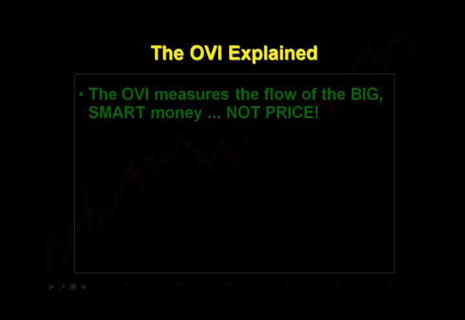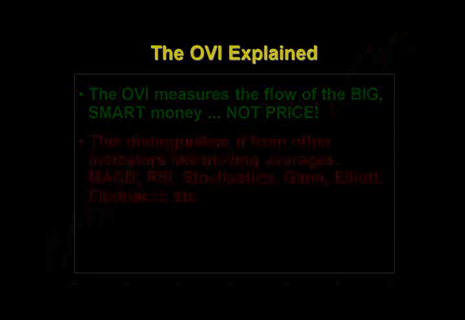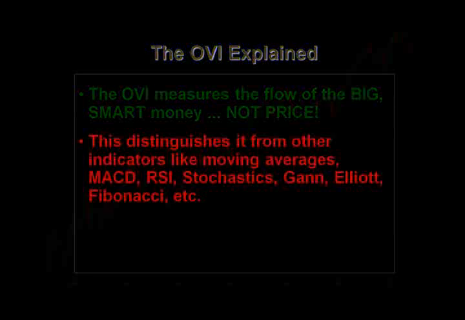So the OVI measures the flow of the big, smart money. It has nothing to do with price. This is really important. The OVI is completely independent of price action. This distinguishes it from other indicators like moving averages, MACD, RSI, stochastics, Gann, Elliott, Fibonacci. You may have heard of those. Those are the famous price-linked indicators of technical analysis and trading.